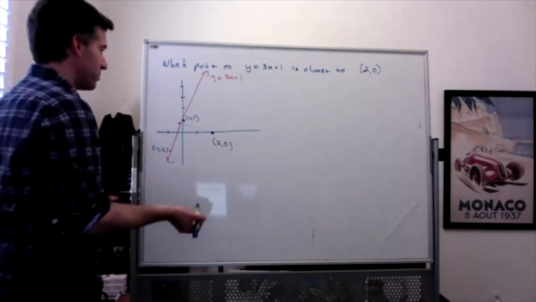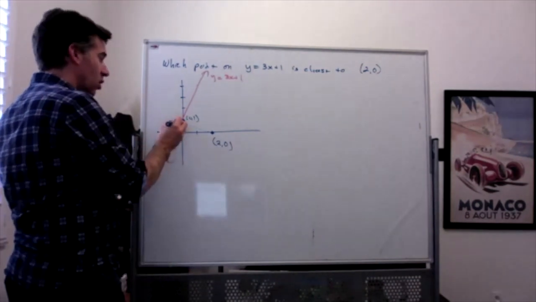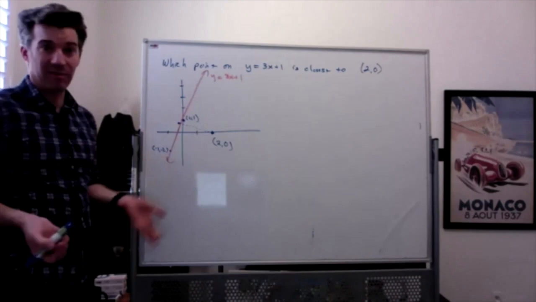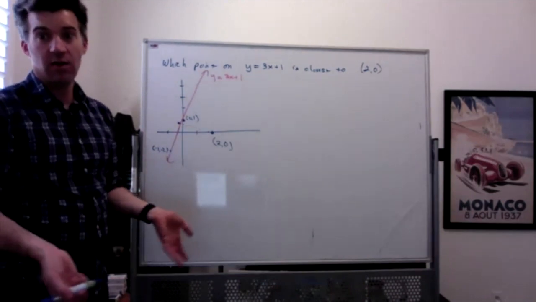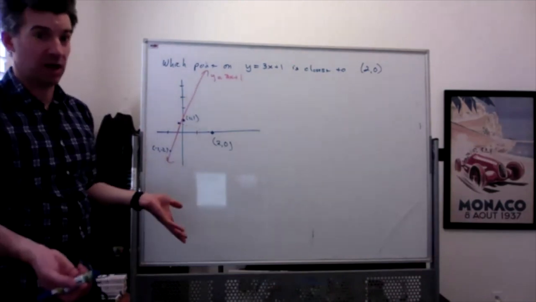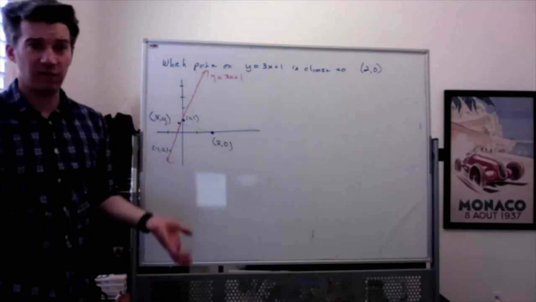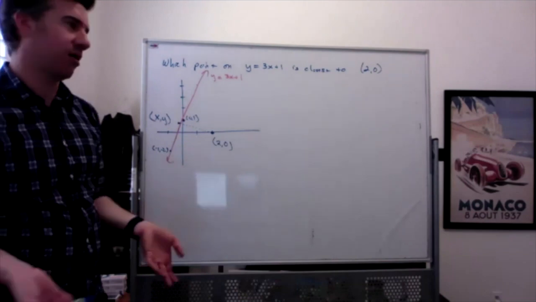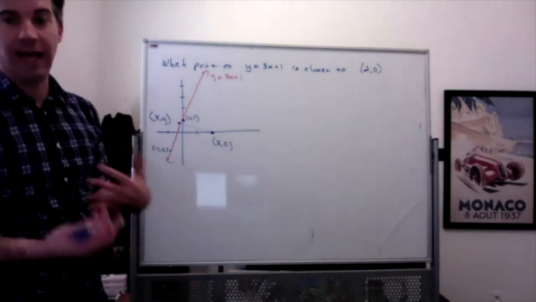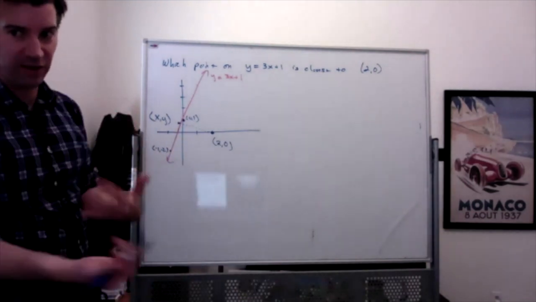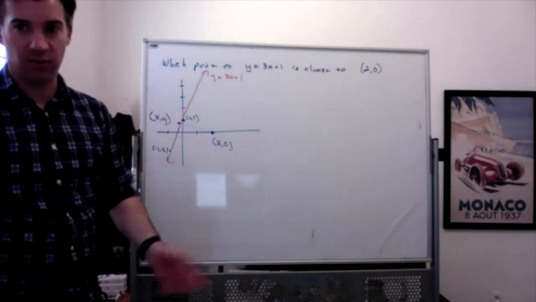So since I don't know what this point is, I'm going to give it a variable name. I would probably typically call it x comma y. But you can call it whatever you want. You call it AB, you can call it ZW, right? Any variables are fine. It's just x and y are pretty typical.